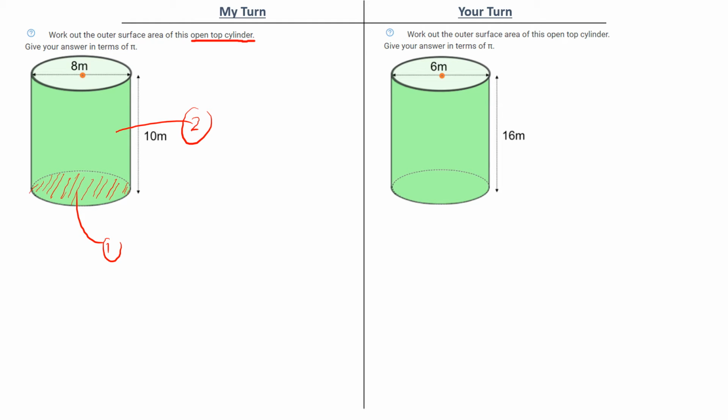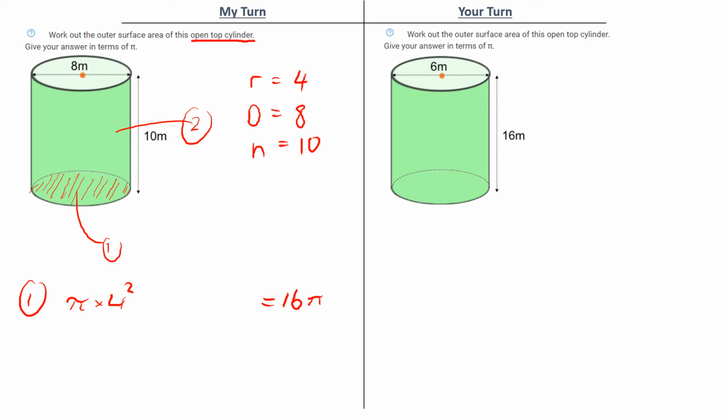So the diameter is 8, so that means my radius is 4. My height is 10. So for face number 1, we've got pi r squared, so it's going to be pi times radius squared, which is equal to 16 pi. So we're asked to give it in terms of pi.